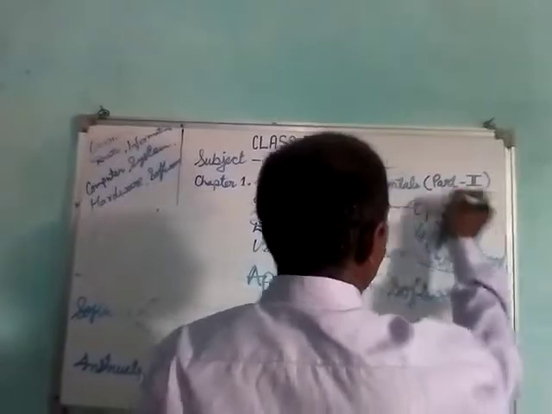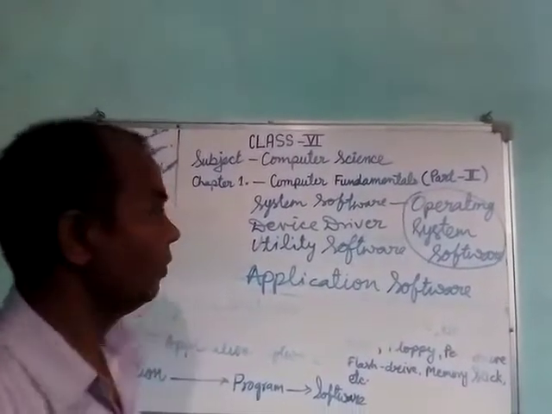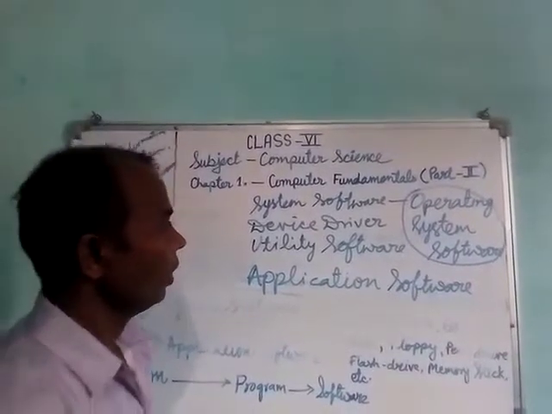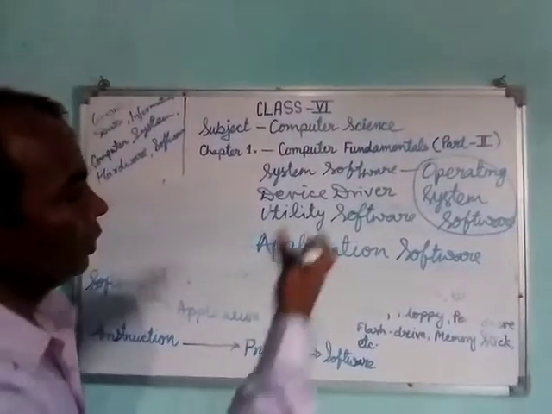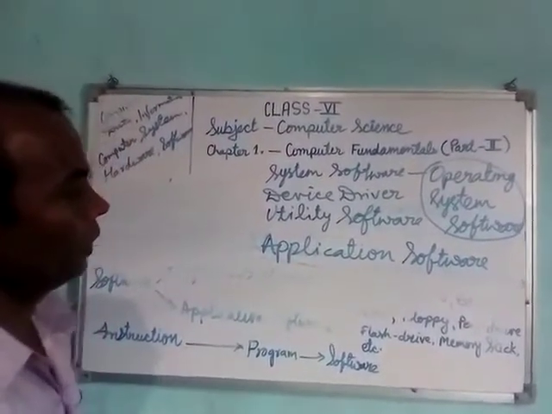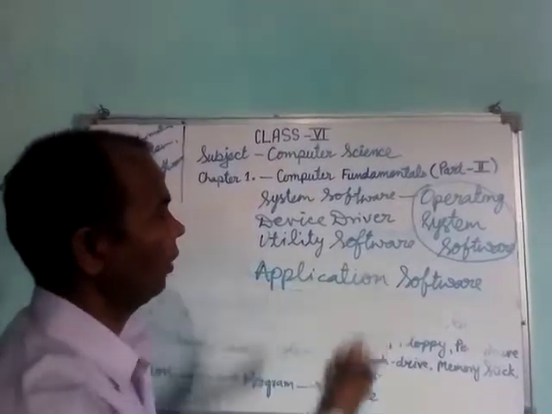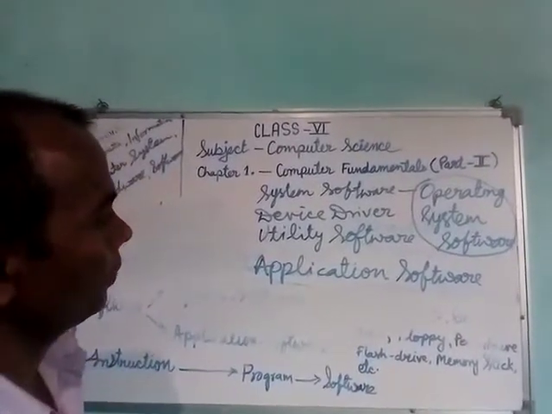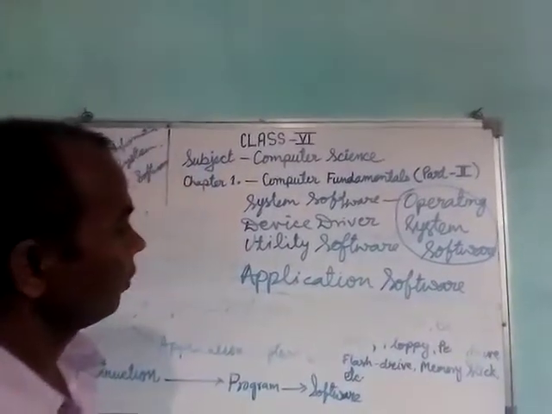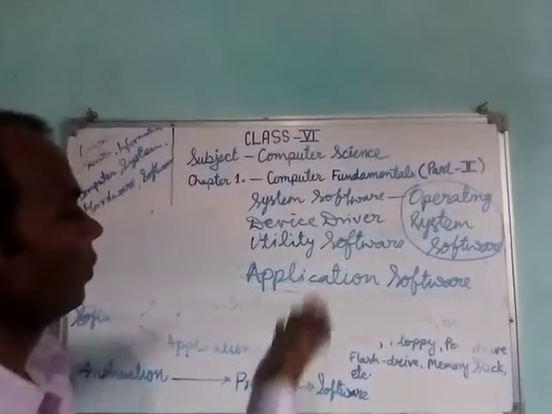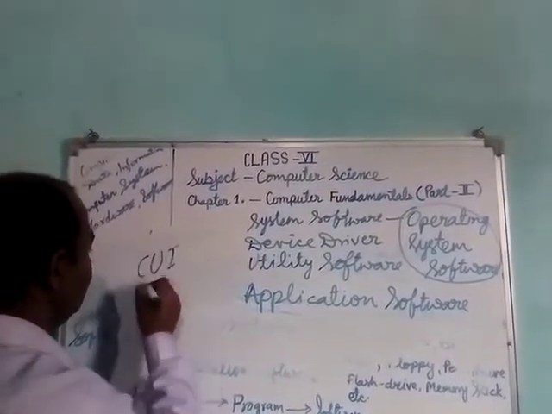This operating system software is a type of software which is controlling our computer. It's controlling the works of the computer. This operating system software is based on two types. One is CUI based and another is GUI based.